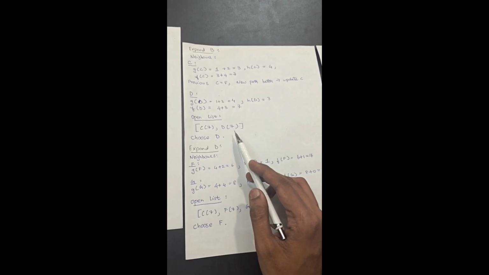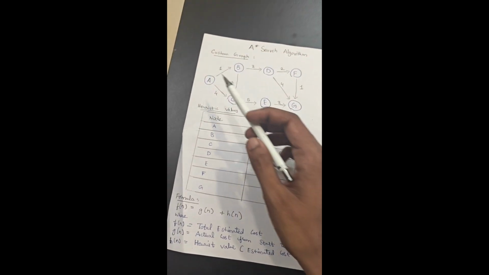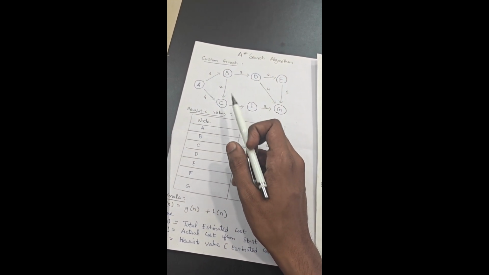We choose D because if we go towards C, it will take a longer path to reach the goal node. So we choose D, which will be a shorter path to reach the goal node.